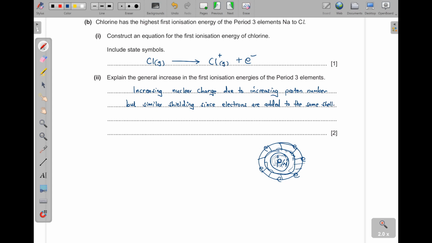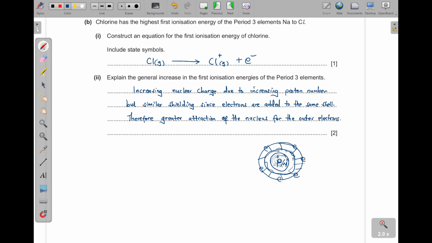Greater attraction, therefore greater attraction of the nucleus, we can say nuclear attraction, for the valence electrons. Okay, so therefore, greater attraction of the nucleus for the outer or valency electrons.